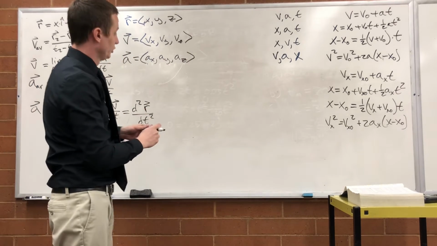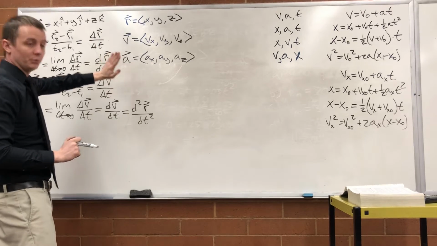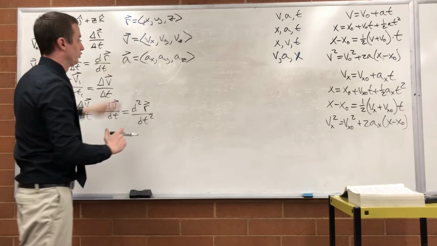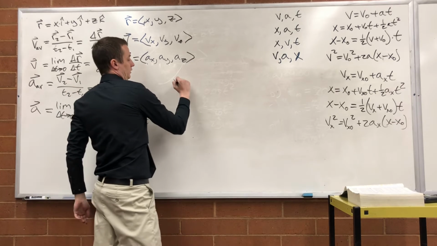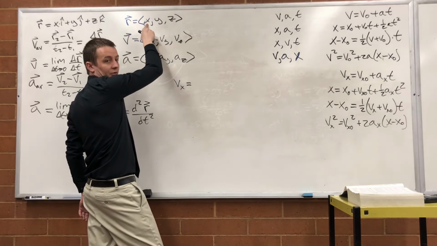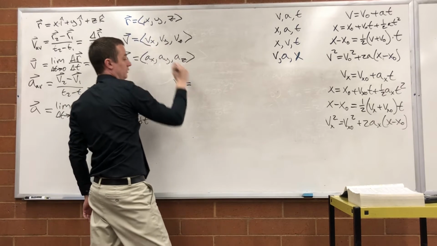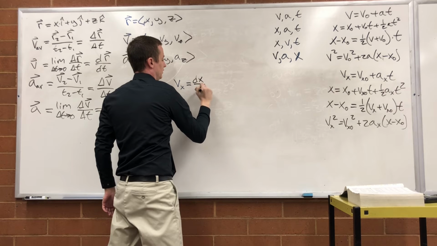So, write some more stuff that is probably already obvious to you from how I have things written here, but we're just going to write it explicitly just to make sure you see it. So v sub x here now, v sub x is the same thing as the derivative of x with respect to t. This is a derivative of this component. So it's still dx dt.